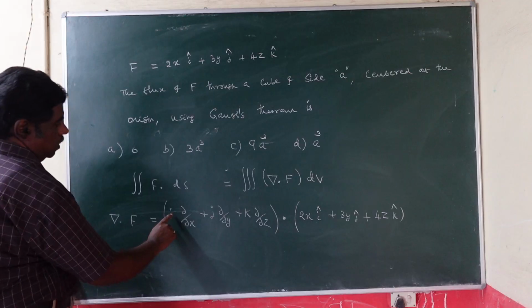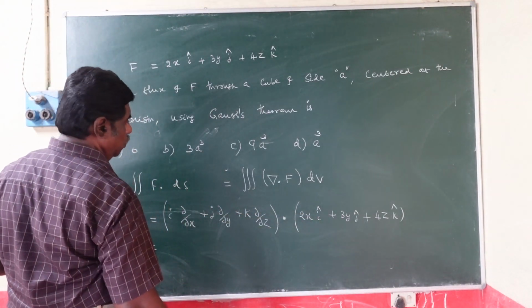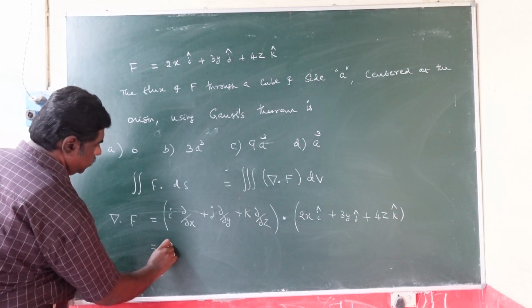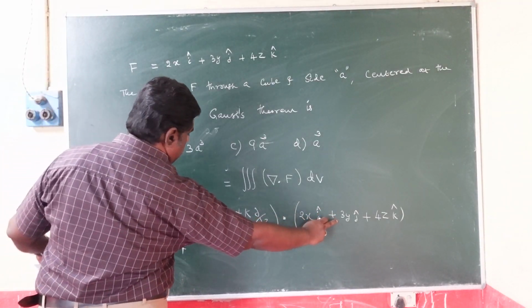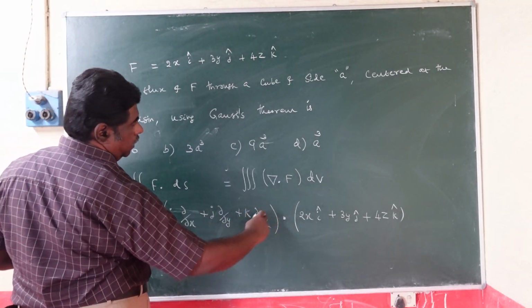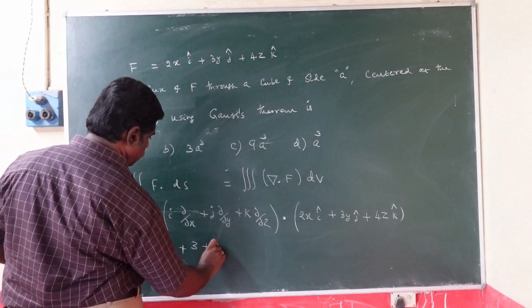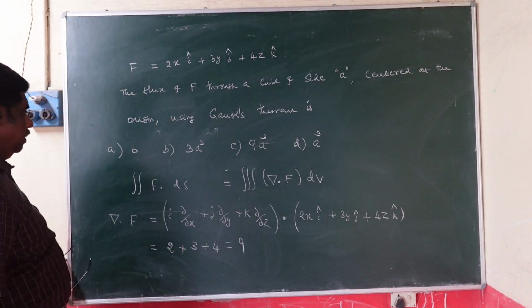See here, I dot I is 1. Dou by dou x of 2x is 2, plus dou by dou y of 3y is 3. K dot k is 1. Dou by dou z of 4z is 4. This is equal to 9.